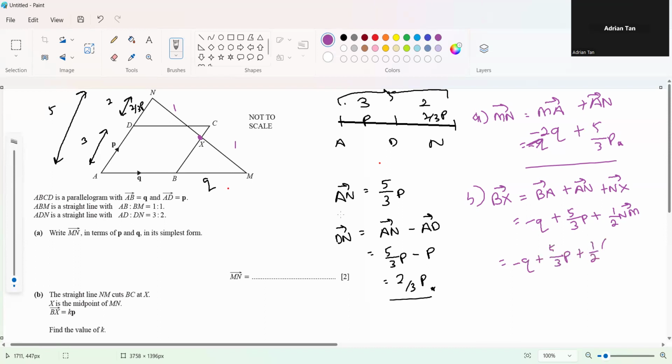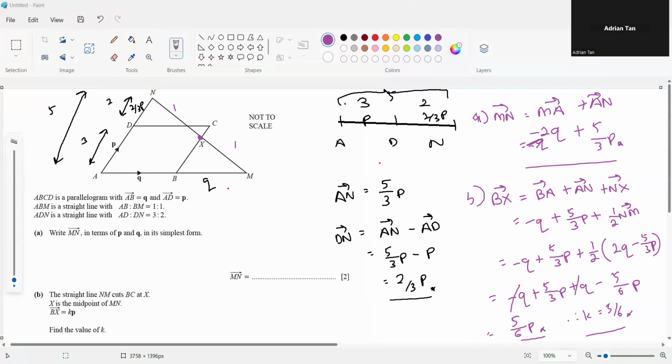So it will be half of positive 2Q minus 5/3P. So this is negative Q plus 5/3P plus Q minus 5/6P. So Q and Q cancel out. So 5/3 minus 5/6 will also be 5/6P. So therefore k equals 5/6. So that's question 23 done.